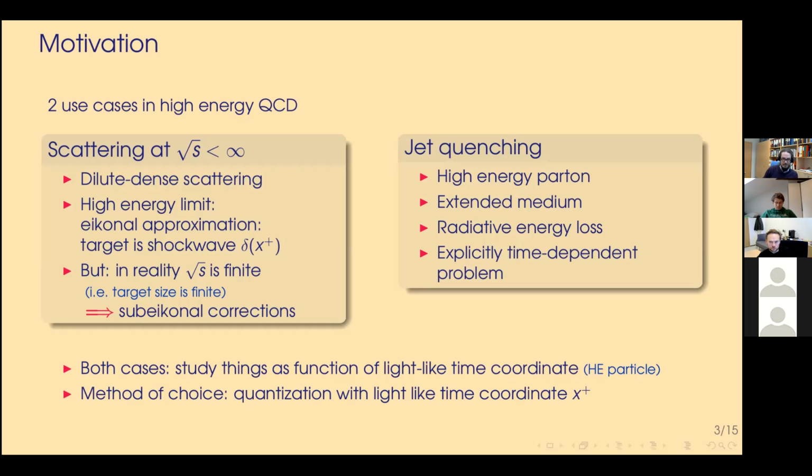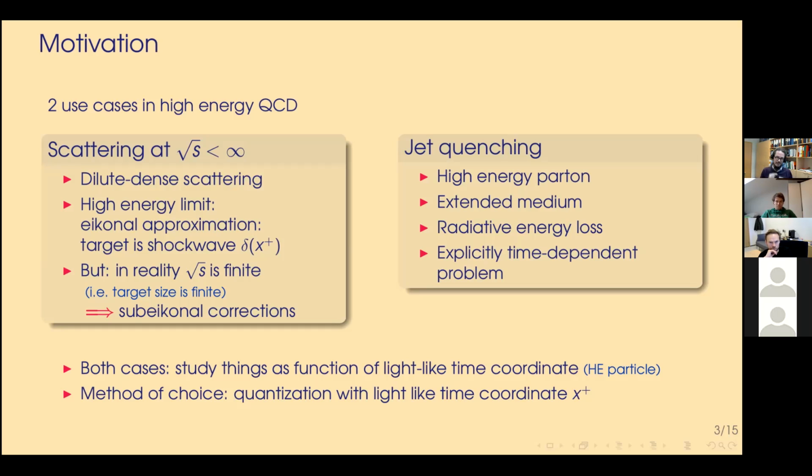So the method of choice to describe these kinds of systems is this: if the particle that you are studying follows a light-like trajectory, you want to do quantum mechanics and quantum field theory in such a way that you choose the trajectory of your massless particle going at the speed of light as your time coordinate, and you build the whole formalism in such a way that your time coordinate is not t.